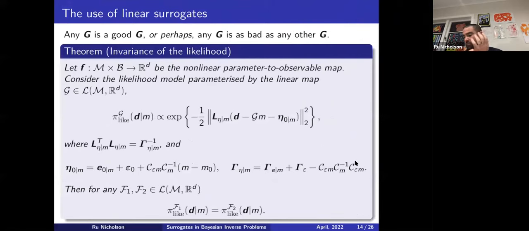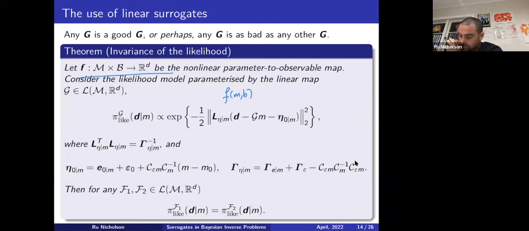So it turns out, and for some people this may be intuitive, but for me it certainly wasn't, and I'm not sure if this is in the literature, this is something we came up with: the likelihood is invariant to the choice of linear model one chooses. Here it is in all its formal glory. If we have some nonlinear mapping of both parameters, that's the accurate nonlinear parameter to observable, or forward, mapping.